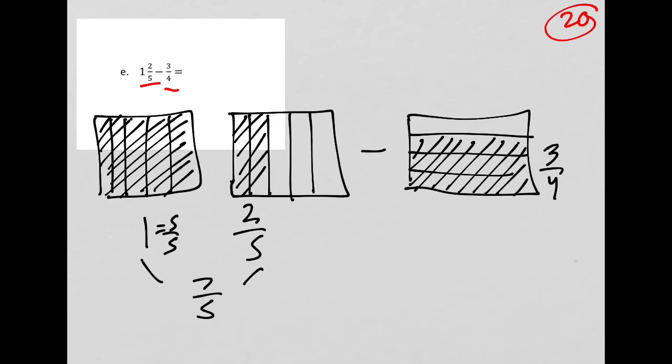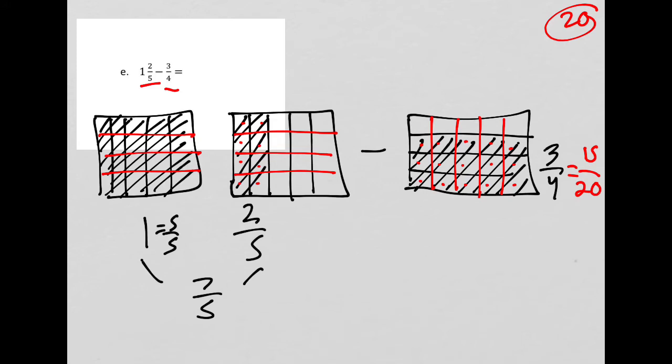So I'm going to take my fourths and I'm going to split it into fifths. So now I have 1, 2, 3, 4, 5, 6, 7, 8, 9, 10, 11, 12, 13, 14, 15 out of 20. And then I'm going to take my fifths and I'm going to break them into fourths. And now I have 1, 2, 3, 4, 5, 6, 7, 8.